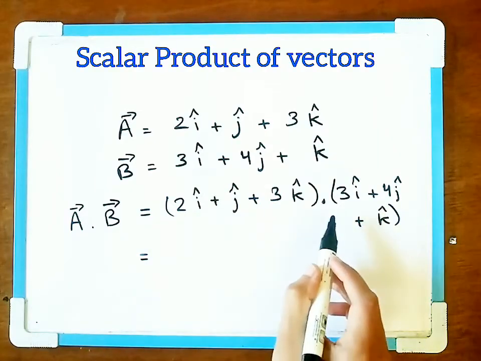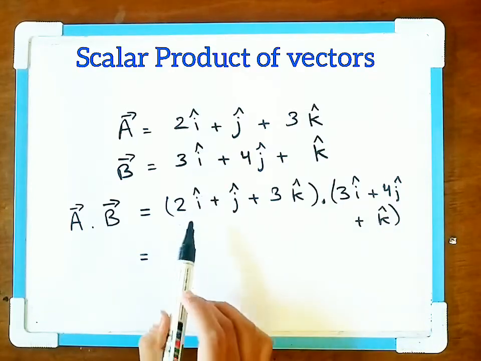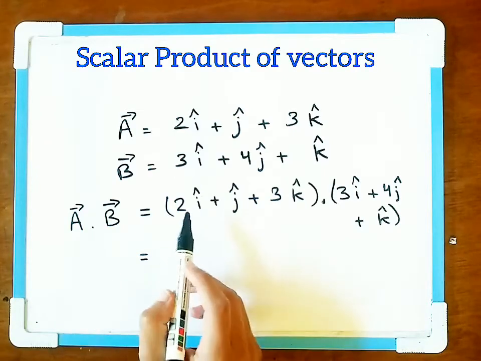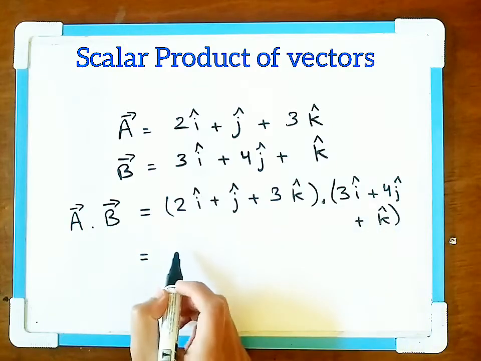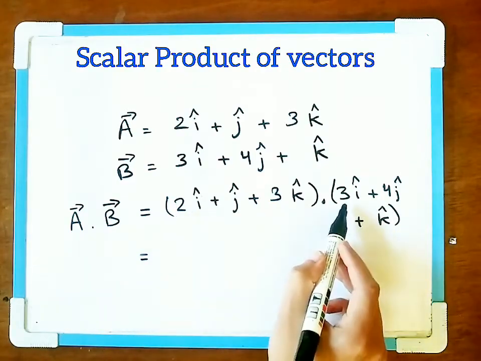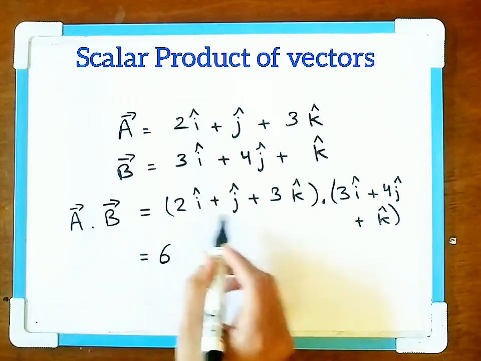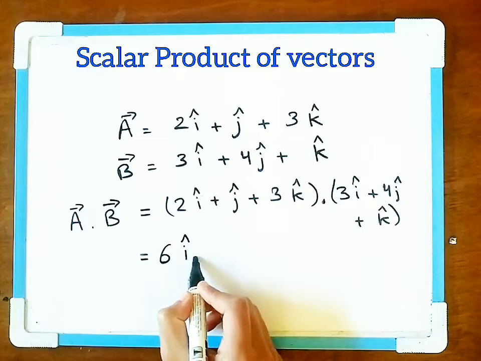So we have 2i dot 3i. Now the magnitudes of these can be multiplied as usual. That is, we have 2i cap dot 3i cap, then 2 multiplied with 3 will give you 6, and the unit vectors you can take the dot product of, so i dot i.